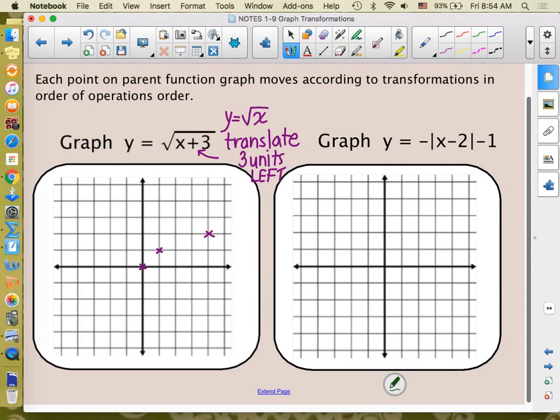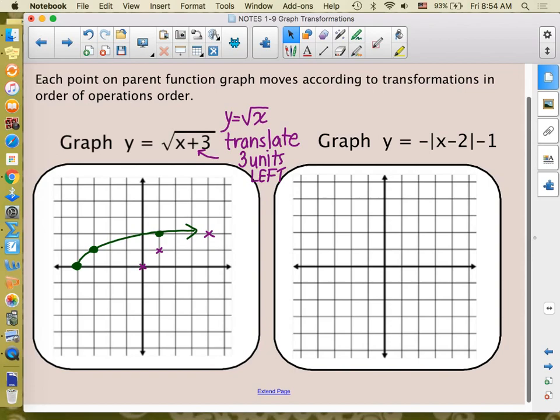If I translate each of these 3 points 3 units to the left and reconnect them, then I will have the correct shape and the correct position for all the other points in between on the curve. So my final graph for the square root of x plus 3 will be that green graph that you see.